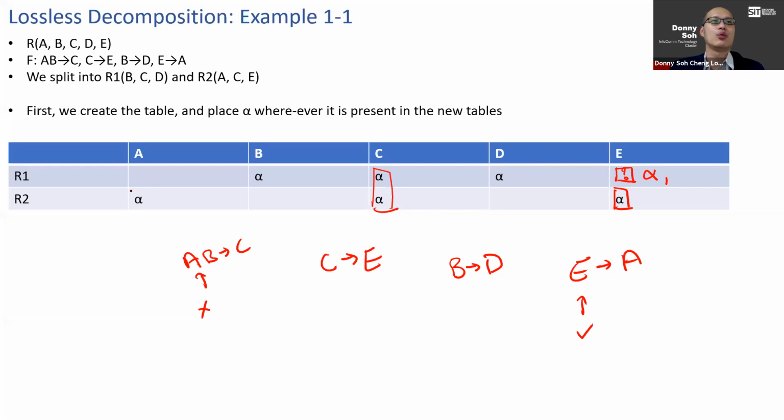A has only one row with a distinguished variable for my first condition, so it satisfies my condition 2. It also satisfies my condition 3, and so I'll add a distinguished variable here as well. At this point, I realize that for my row R1, I have an entire row of distinguished variables, and so this is a lossless decomposition.